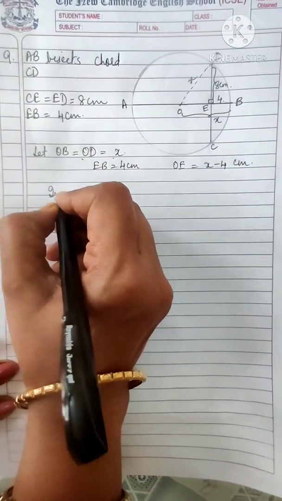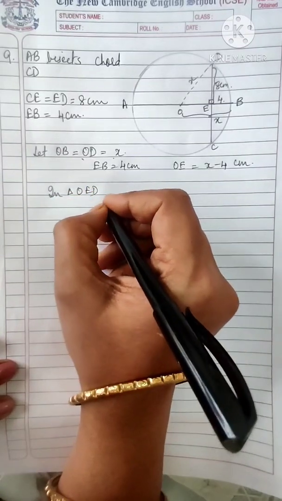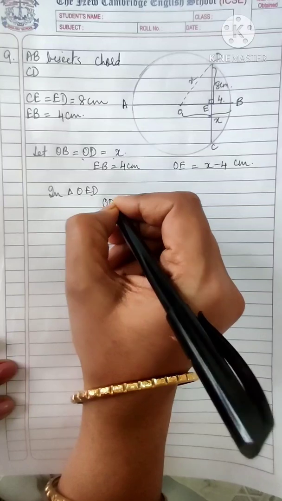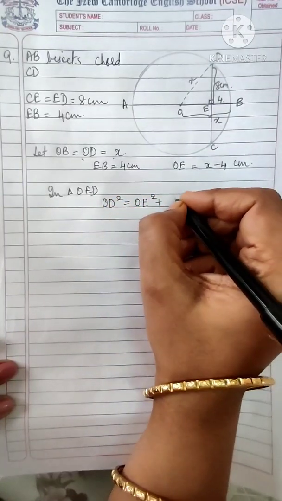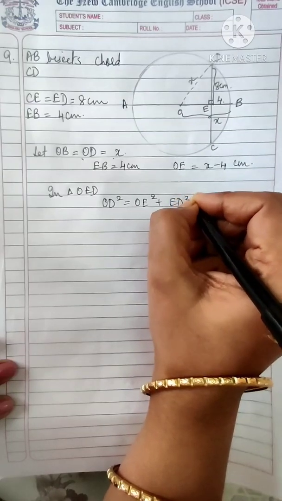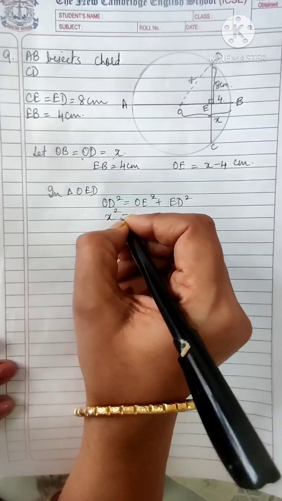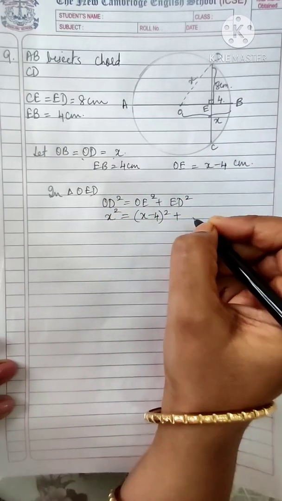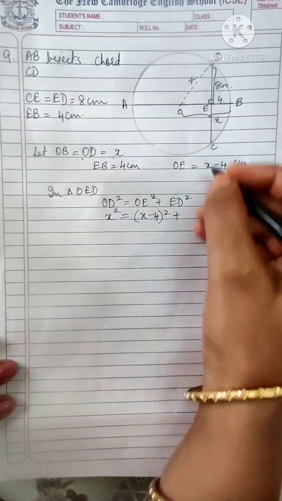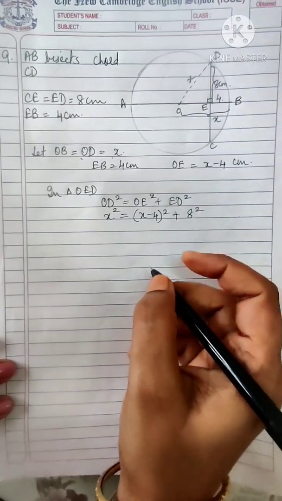Now in triangle OED, which is a right angle triangle, by Pythagoras theorem, you can say OD square is equal to OE square plus ED square. So OD square is x square and OE is x minus 4 the whole square plus ED is given as 8, which will be equal to 8 square.